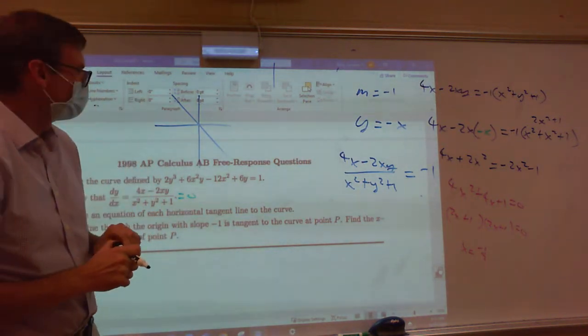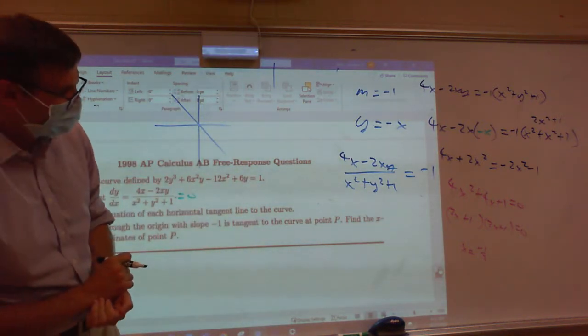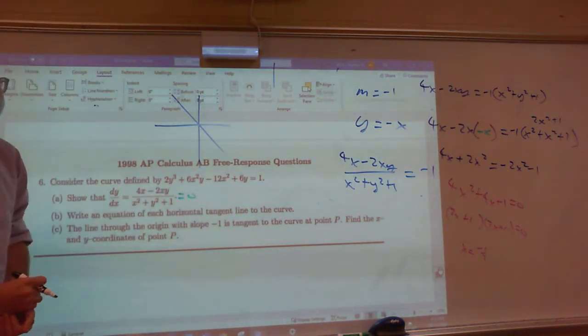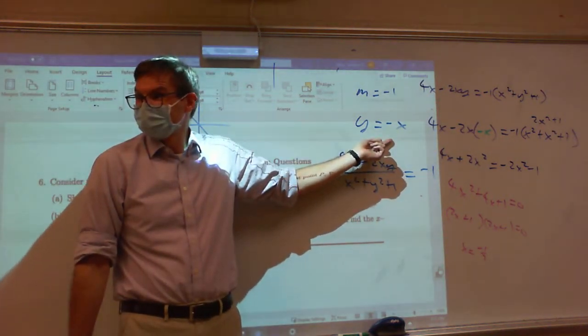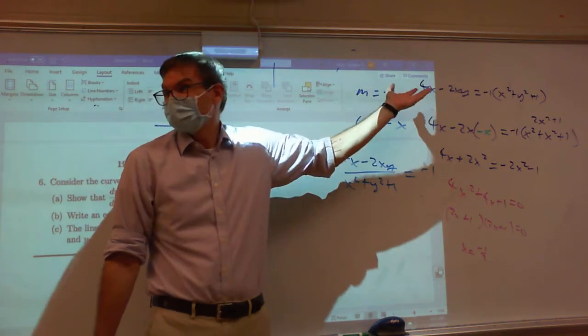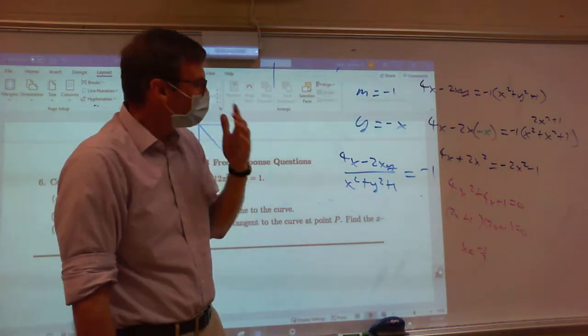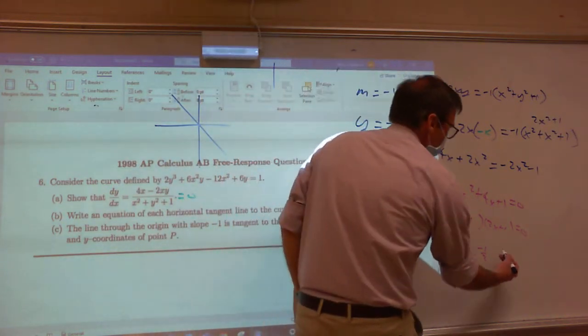So I got x equals negative 1/2, and then you plug it back into the equation. I just plug it into this one, that'd be easier, wouldn't it? You can plug it back in the other one if you want to, but I'd rather just plug it in here. So y equals 1/2.